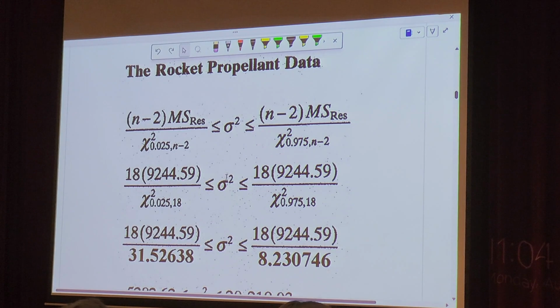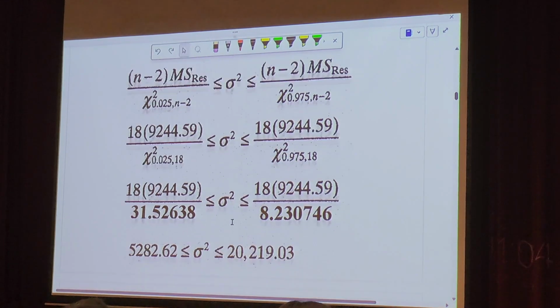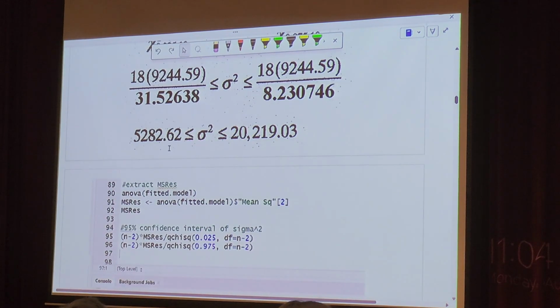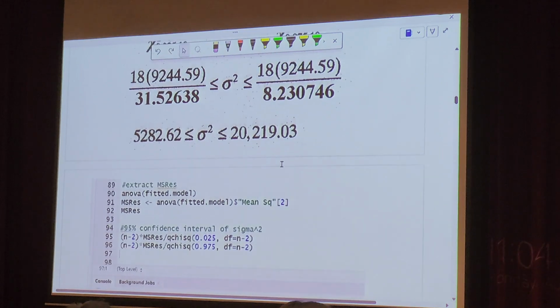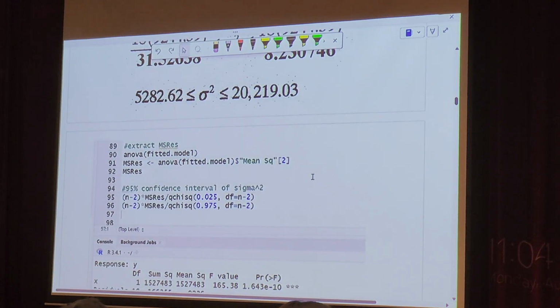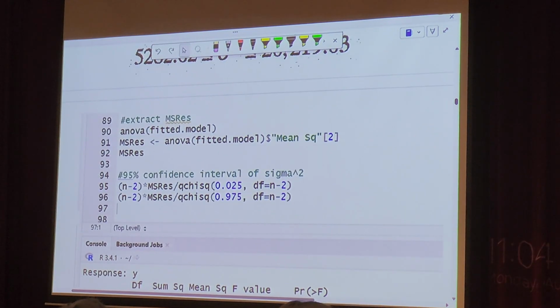So here is just a basic application of the formula using the data from this rocket propellant data, and then you can find a confidence interval for sigma squared. This R program will show you how you can do it by hand.